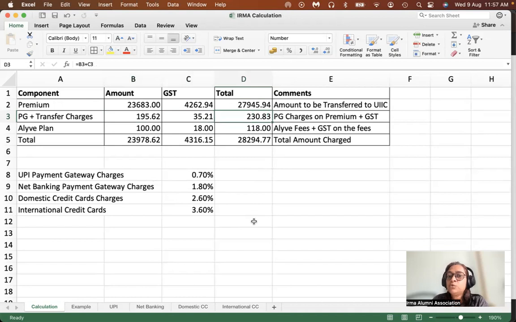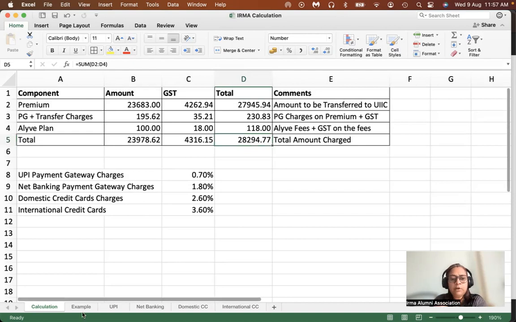So the total amount comes to 230 rupees 0.83 paisa. The Alive plan is for 100 rupees and 18 rupees GST on that. So the total amount is 118 rupees.